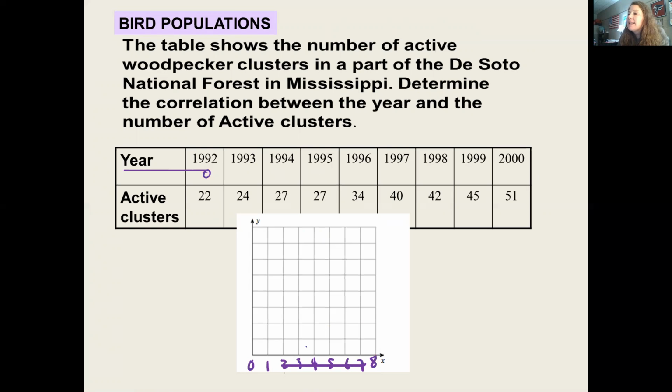All right, and then your numbers are spread out between 22 and 51. So I hate to even start with 0, really, but 5, 10, 15, 20, 25, 30, 35, 40.